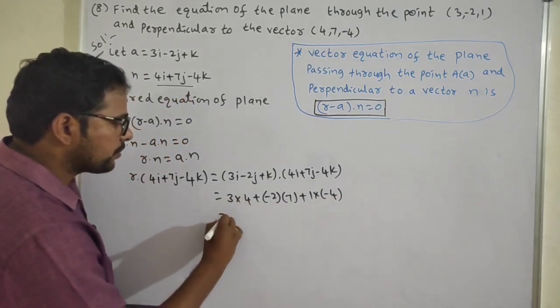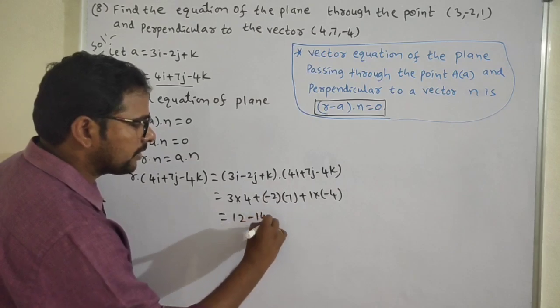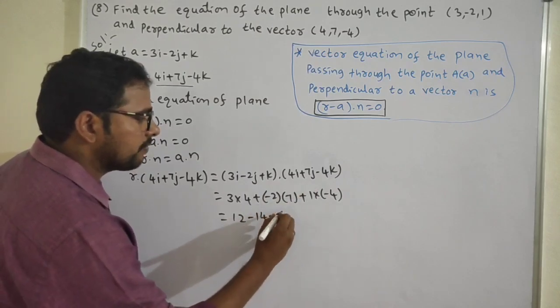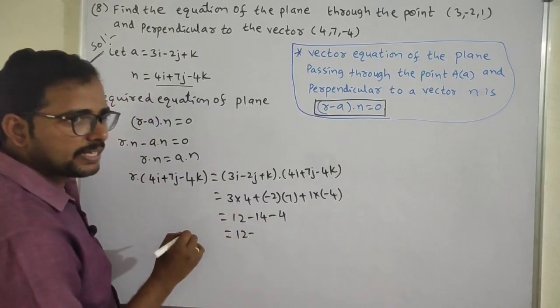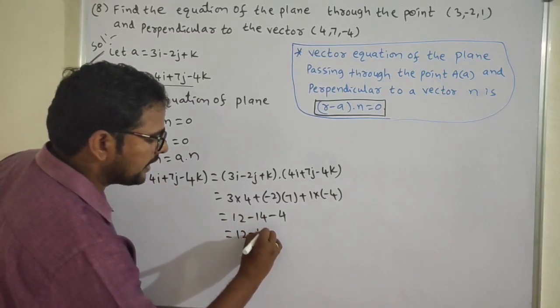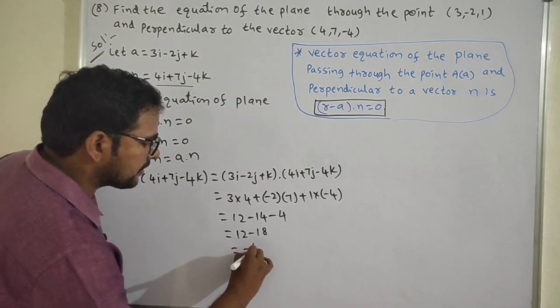So 3 4s are 12, plus minus 7 2s are 14, plus minus 4 1s are 4. 12 minus 14 minus 4 is minus 18. Then 12 minus 18 is equal to minus 6.